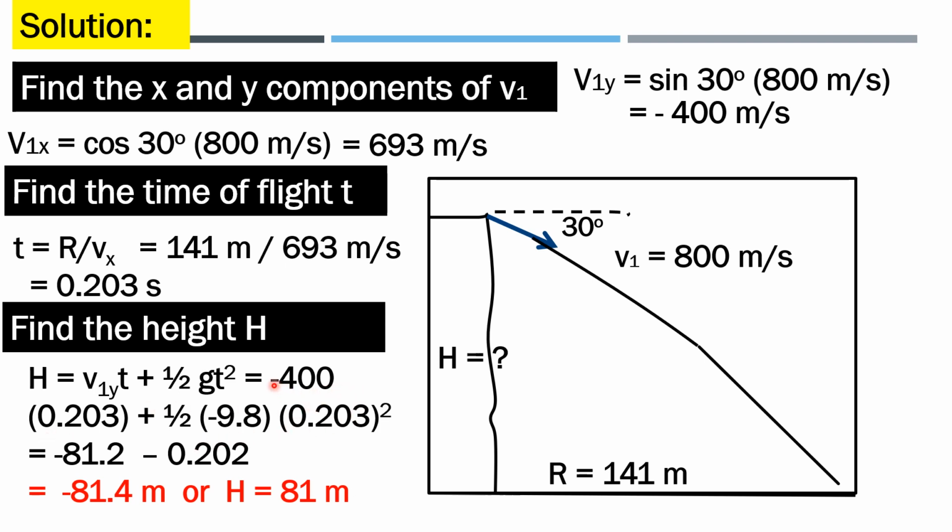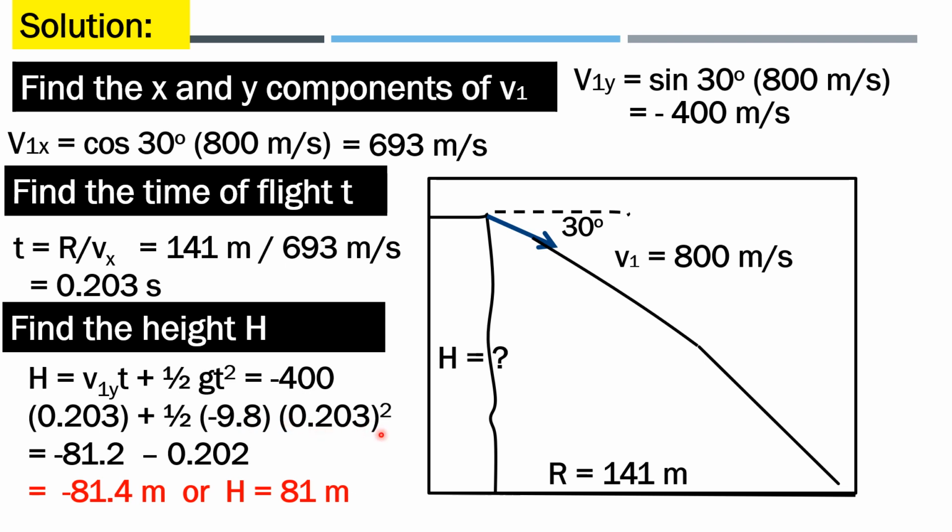So negative 400, that will be multiplied by the time of 0.203 seconds, and then add half of the value of g, negative 9.8, and then the square of the time, 0.203 squared.